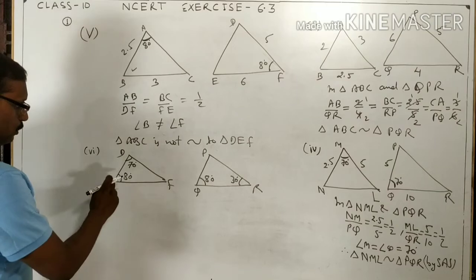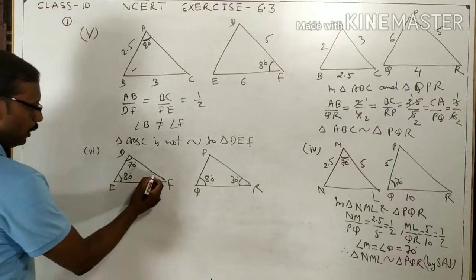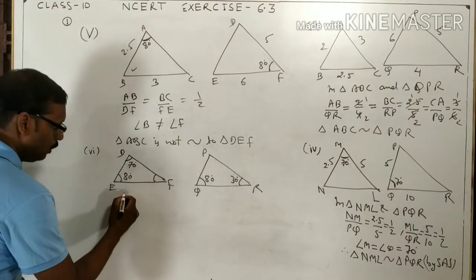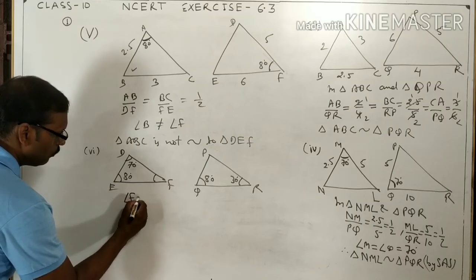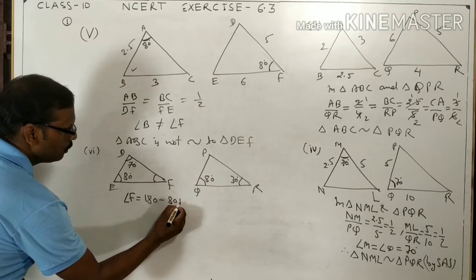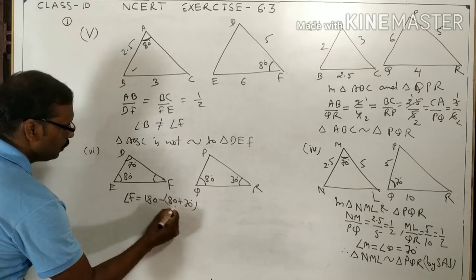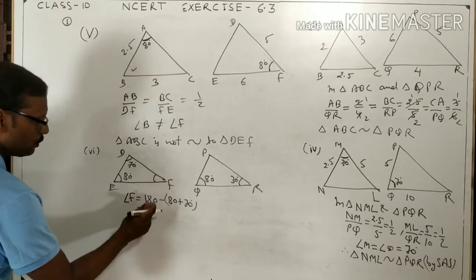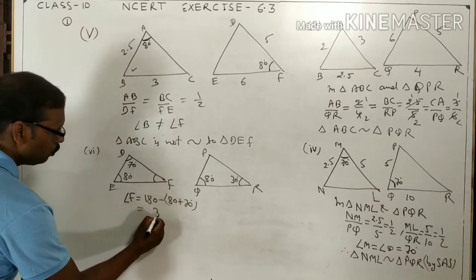So we see that angle E equals angle Q and F is not known, but we can find angle F. Angle F equals 180 minus the sum of the other two angles, 80 plus 70, which is 150. 180 minus 150 equals 30 degrees.